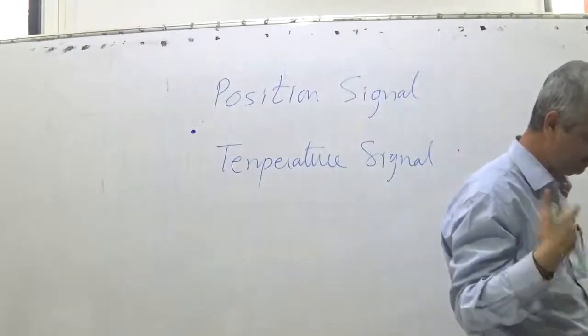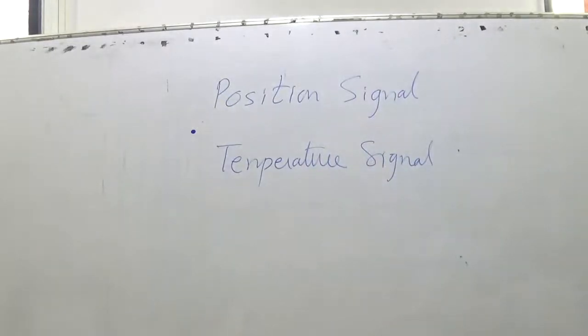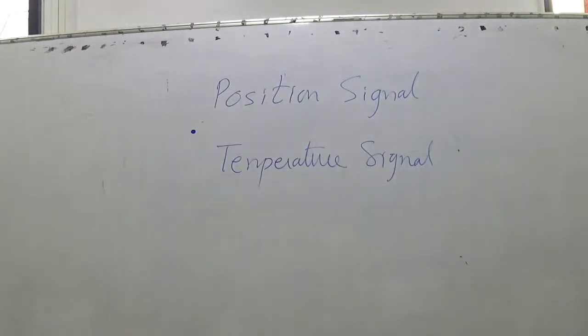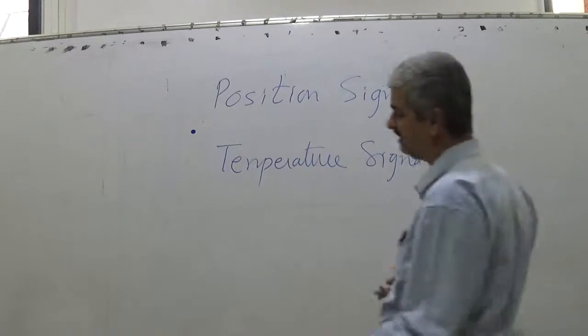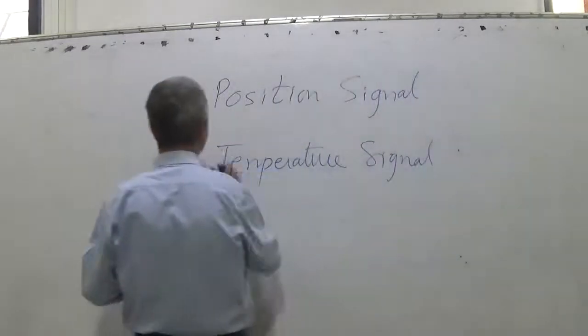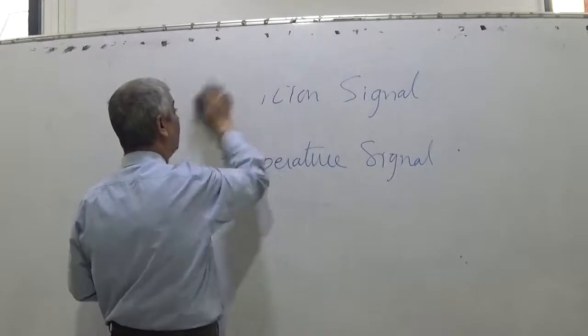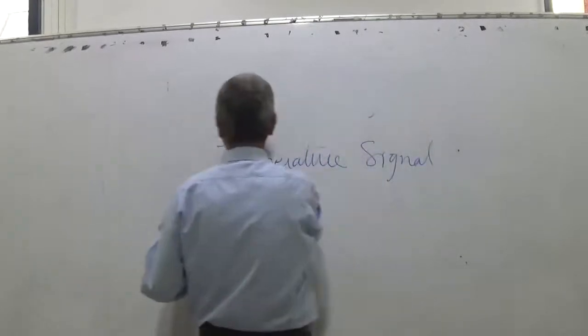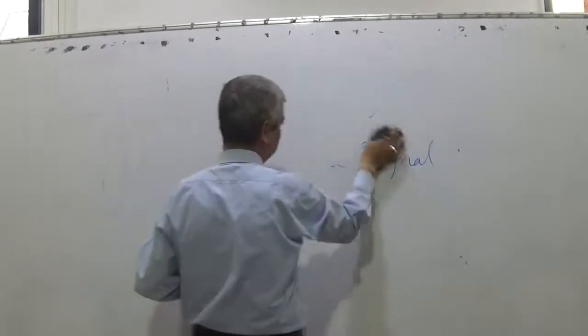Again, the answer is not so simple. Position is also not necessarily a fixed dimensional variable. It depends upon what kind of degrees of freedom are given for the position signal.